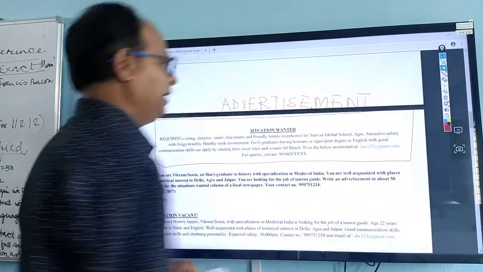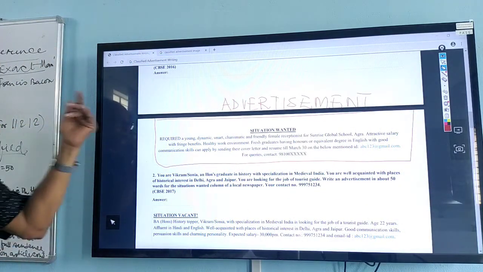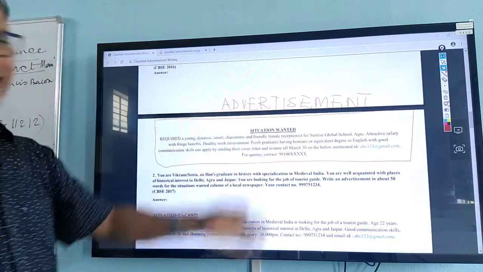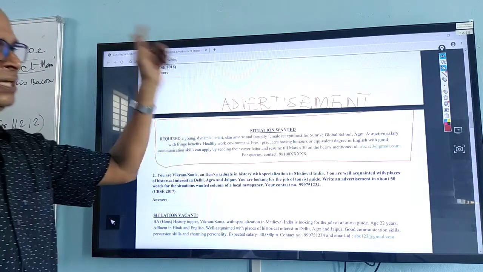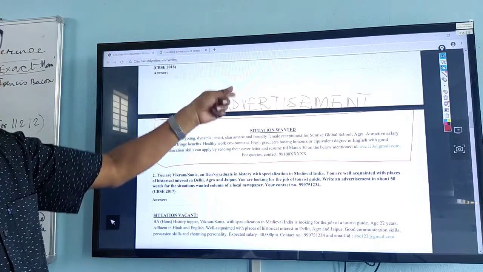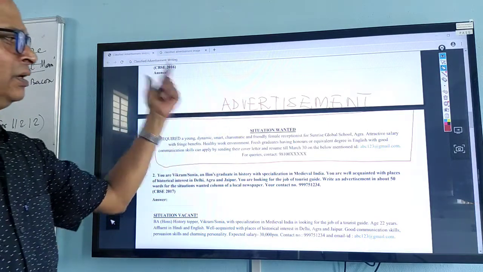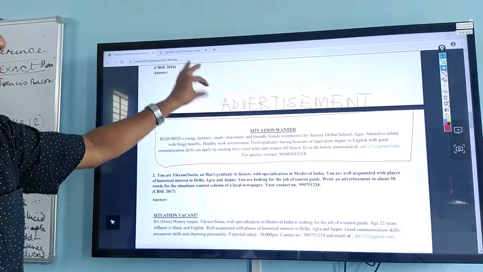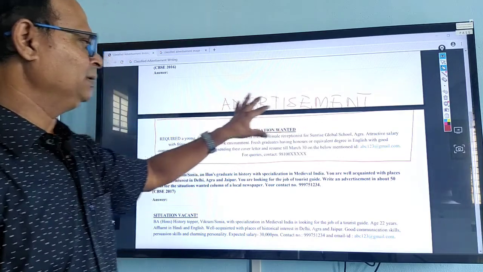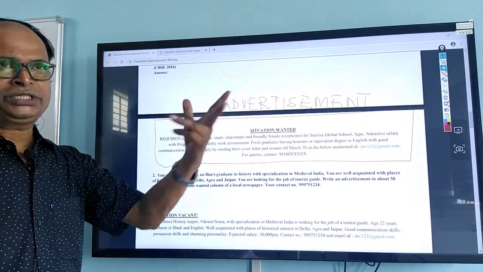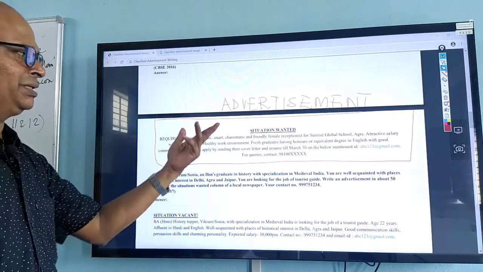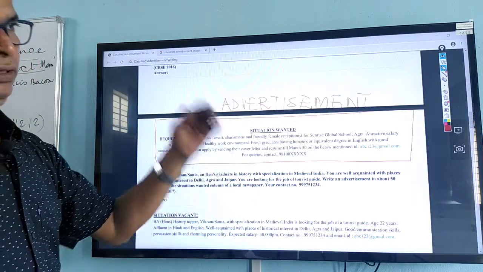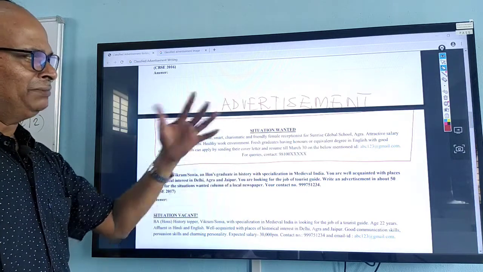You can write this as a banner. Suppose, for example, in the CBSE final exam, when you start Section B, you should write Section B very clearly and underline it in a similar manner. When you go for the second question, you write question number 2 and then attempt the first one. Suppose there are two optional questions, as I mentioned earlier: one is the advertisement, notice, poster, invitation.